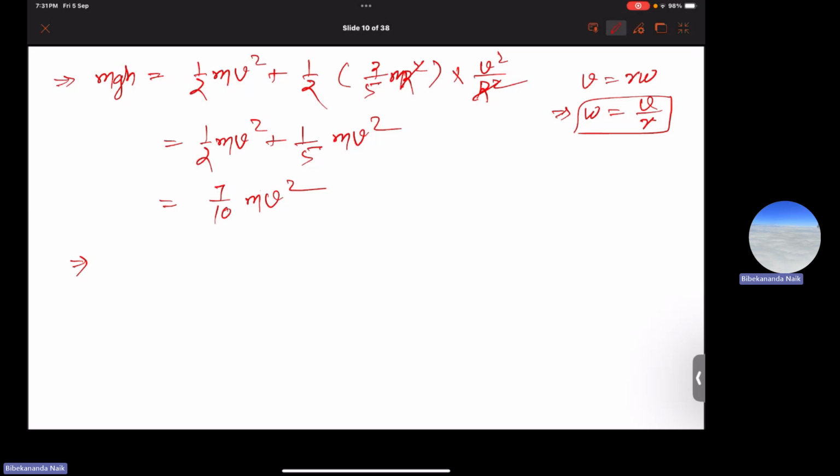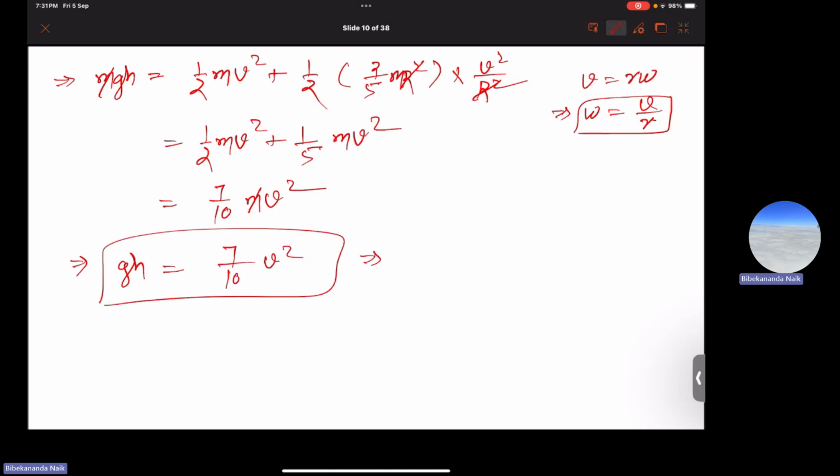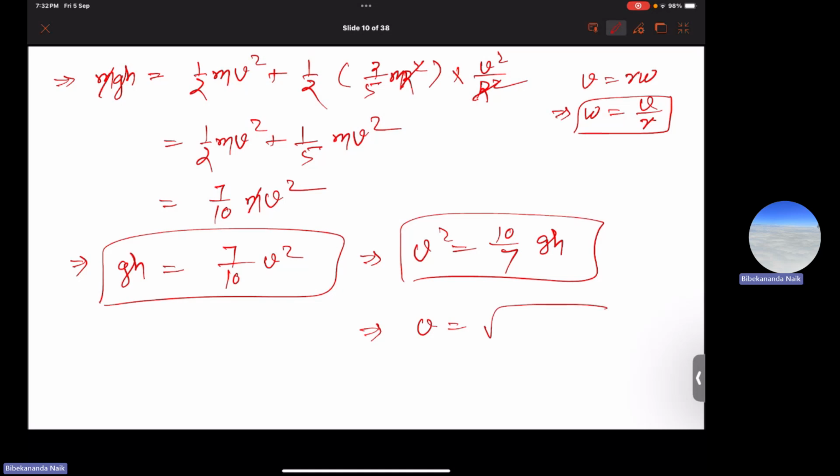That implies m gets cancelled out, gh equals 7 by 10 v square, or v square equals 10 by 7 gh, and v is root over 10 by 7 gh, but we don't know the value of h.